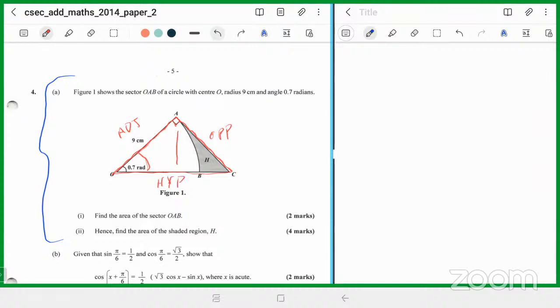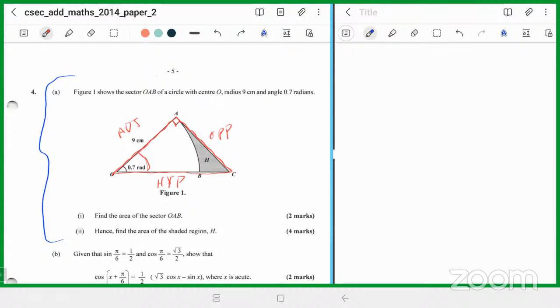I want the opposite, and I know the adjacent, so I can use tan. I'm going to find the opposite side first.